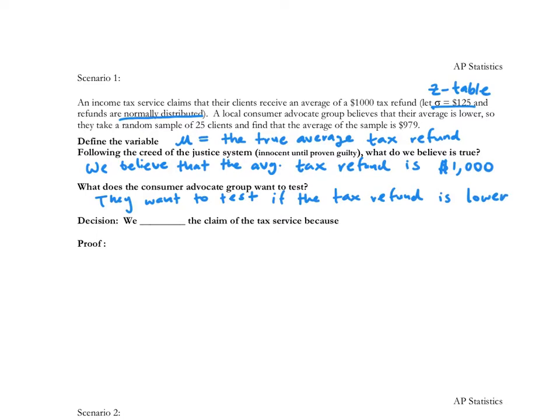Lower. Okay. So we have a parameter of interest. We're interested in the average tax refund. We have a hypothesis, per se.